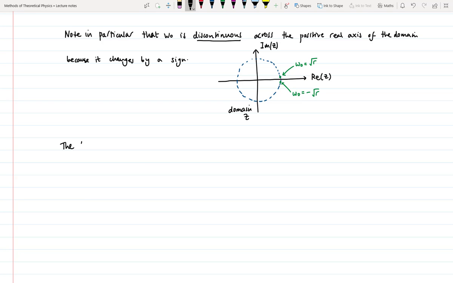We note that the final point, theta equals 2 pi, of the function we were just looking at, W0, is the initial point of the function W1.